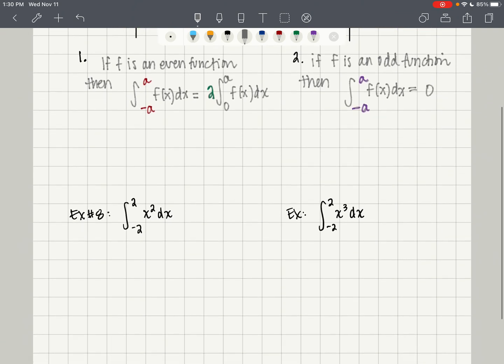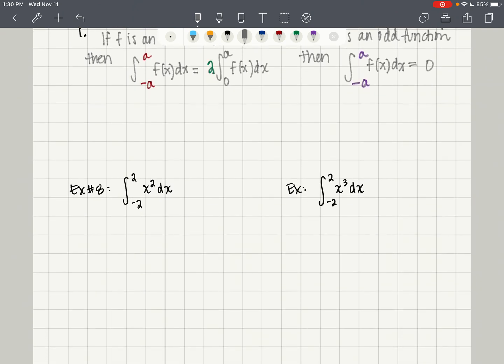So let's do a couple of examples so that you can see. Example number 8. On the left-hand side here, x squared is an even function. On the right, x cubed is an odd function.